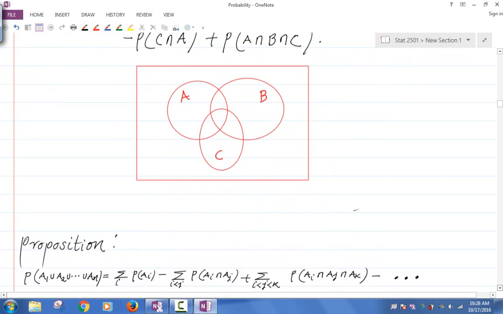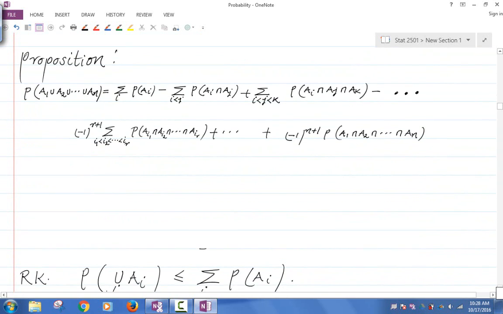And so, like I said, you can generalize that. So this is a general proposition that if I have n events, A1, A2, up to An, what's the probability of the union of A1, A2 up to An? Well, again, you start with adding the probabilities of one-way intersections.